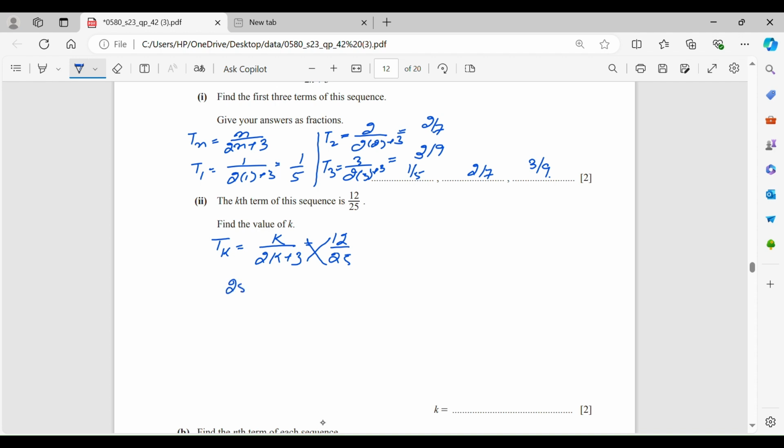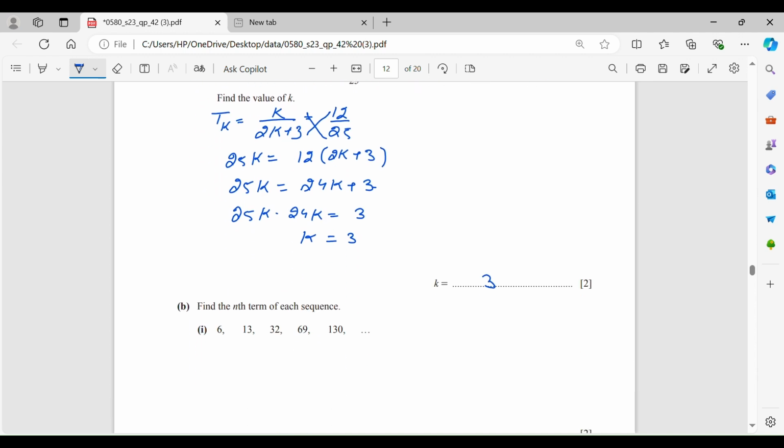So 25k will be equal to 12 bracket 2k plus 3. So 25k is equal to 24k plus 3. Now 25k minus 24k will be equal to 3, k will be equal to 3. So our answer is k is equal to 3.